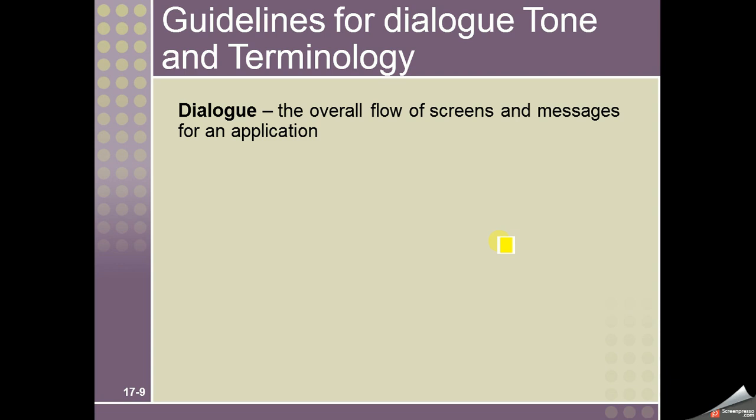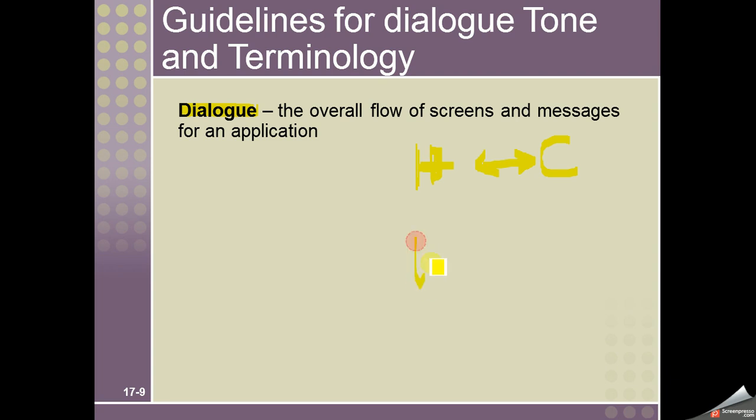Another thing in interface design is the dialogue. The interface is like a dialogue between a human and a computer, right? We also call it HCI, human computer interaction. So humans and computers interact with each other through this dialogue.